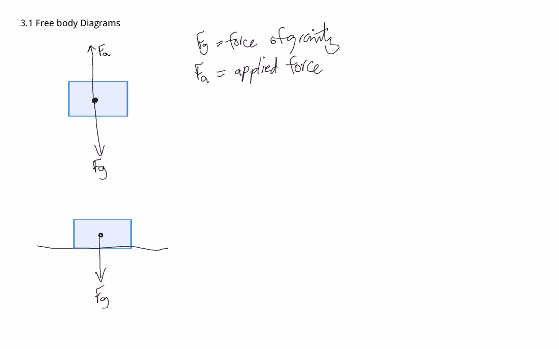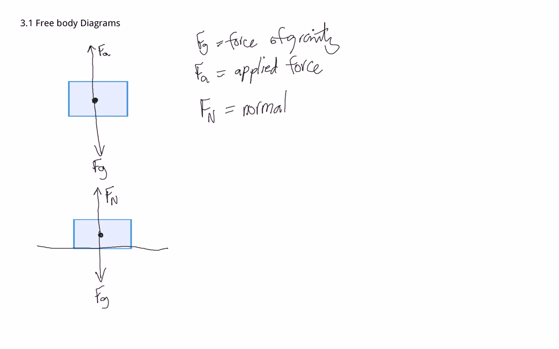Instead, the floor is strong enough to withstand the force of gravity, so we call it a normal force, Fn. The normal is sort of the opposite of gravity: gravity's pulling it downwards, and the floor is pushing an upwards force against the book. That's what we call the normal.